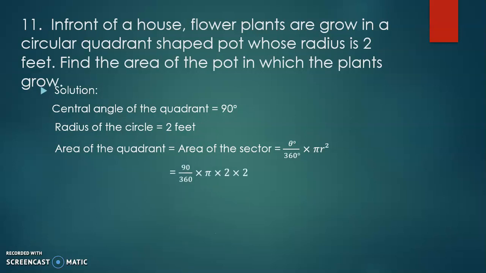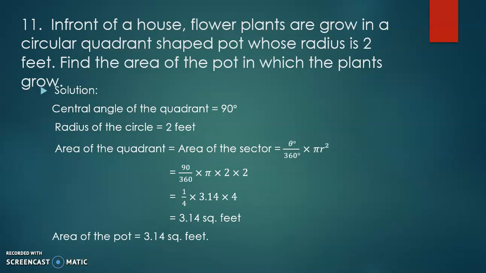Theta is 90 divided by 360 into pi into 2 into 2. Cancelling 90 and 360, you can get 1 by 4 into pi value 3.14 into 4. Now 4 will be cancelled because 4 in the numerator and 4 in the denominator. Remaining 3.14, square feet is unit. Okay. So what is the answer? Area of the pot is equal to 3.14 square feet.